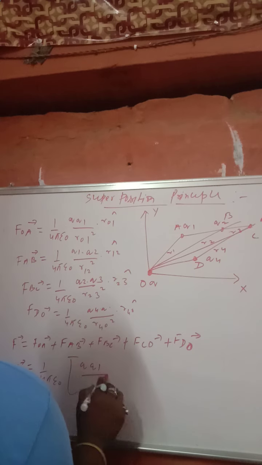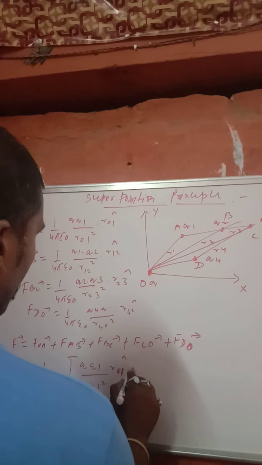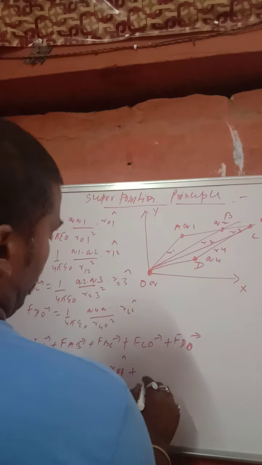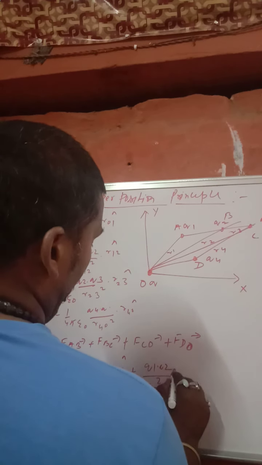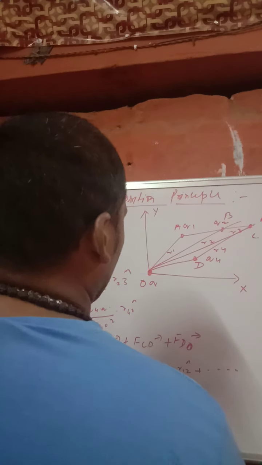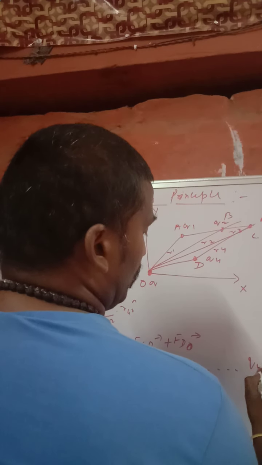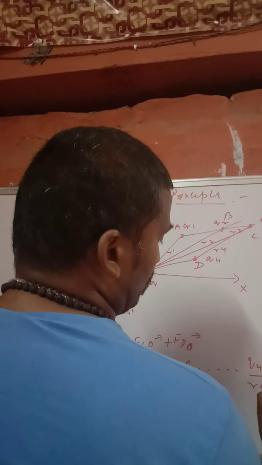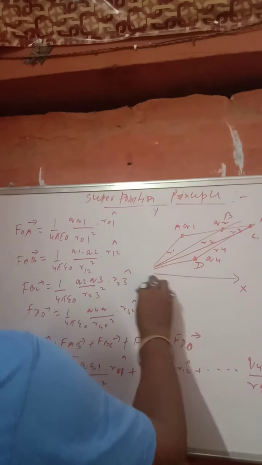Therefore, Q1 upon R01 square, R01 position vector, then at the different points from A to B, Q1 Q2 upon R12 square, R12 position vector, and the last point from D to O, Q4 Q upon R40 square, R40 position vector. That is the relation for the total sum of the forces.